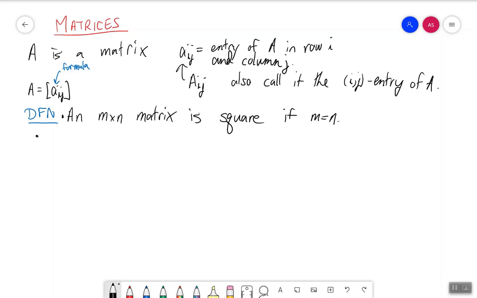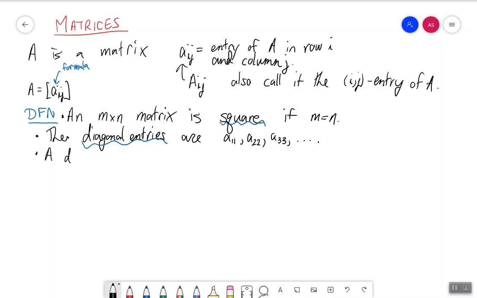The diagonal entries are a11, a22, a33, etc. So these are the entries that are in row 1, column 1, row 2, column 2, row 3, column 3, and so on.